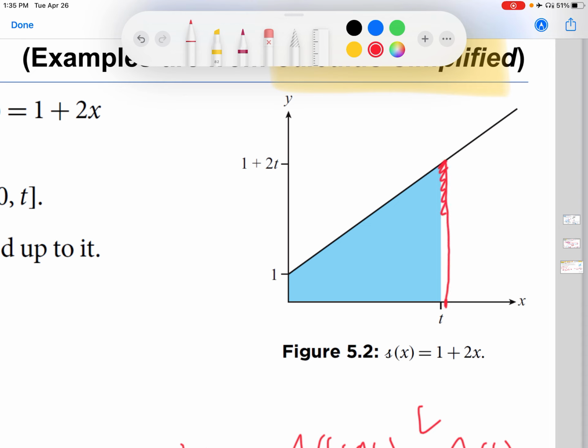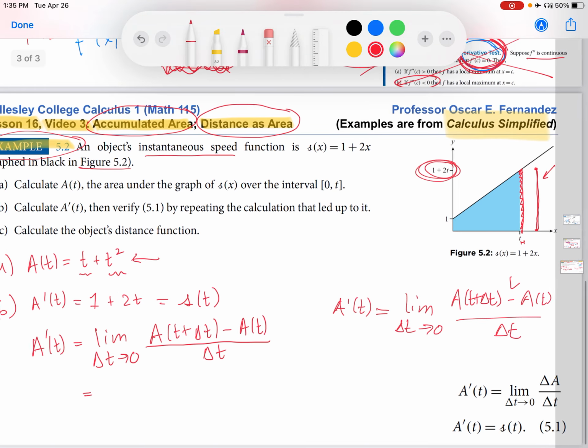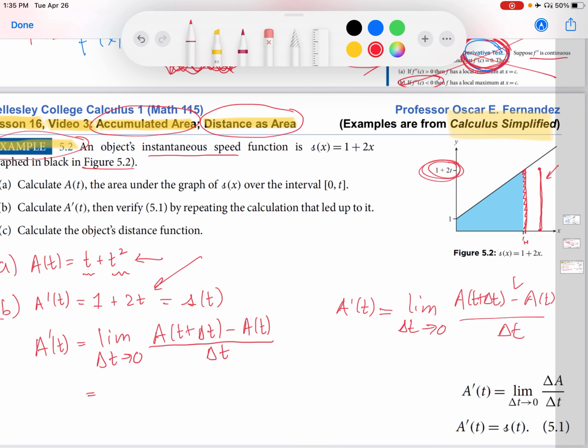And if I just look at this area and I divide by that, I'm basically going to get like this line. And the area of this line is a strange thing to think about, but the area of this line is like a rectangle. It's like a rectangle with a very, very small width and a height of 1 plus 2t. So we expect the 1 plus 2t to show up here, right? Which is what we're getting with a prime of t.